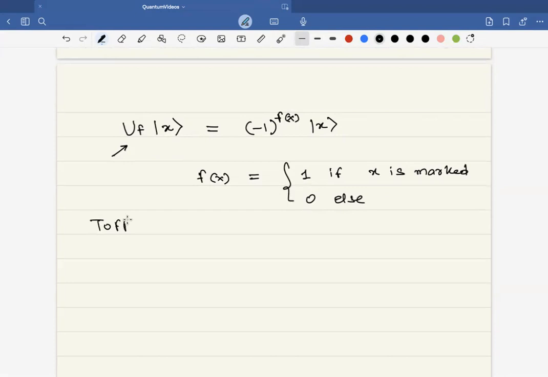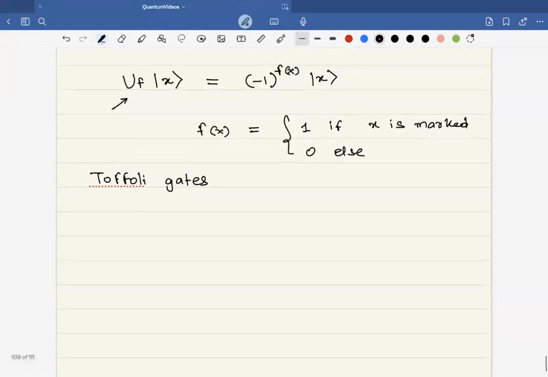Toffoli gates. Well, if we have a multi-qubit Toffoli gate, then we can do this implementation.